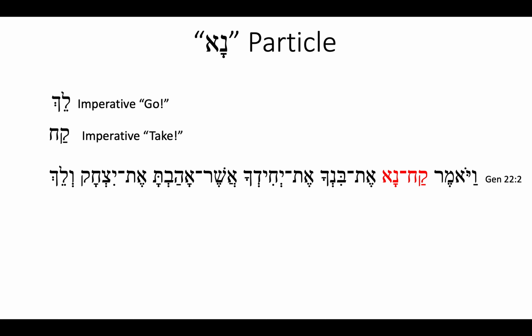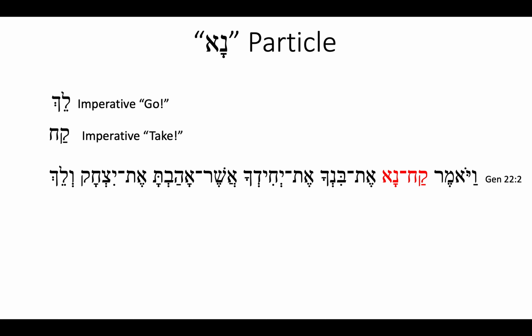It's often used in the Hebrew Bible where people are talking to superiors. So if you address the king, you might see this na particle. You don't want to be seen ordering the king around, so maybe it's a good idea to add a na after your order to make it seem like you're not too bossy.